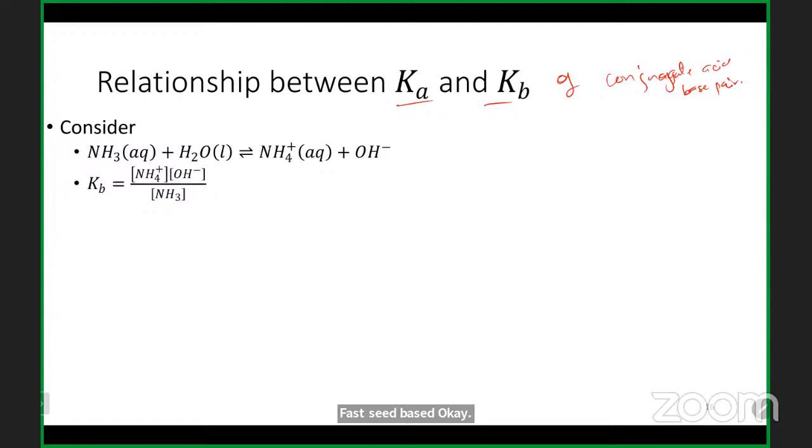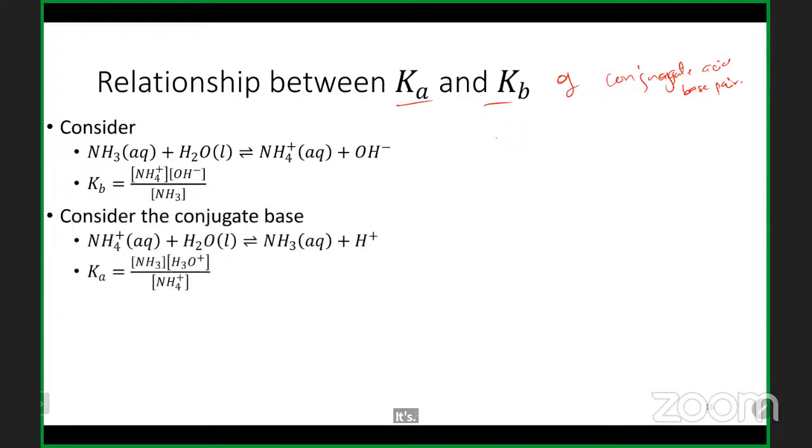Remember the concept of conjugate acids and conjugate bases. An acid dissociates in water to give H plus and its conjugate base. A base dissociates to give OH minus plus its conjugate acid. So NH3 in water gives NH4 plus and OH minus.